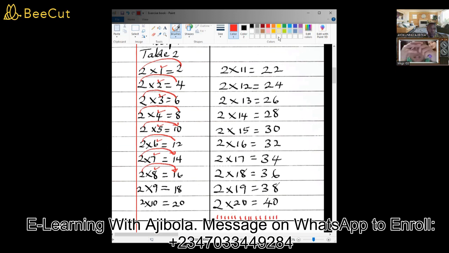Let's group them into 2s. So how many 2? 1, 2, 3, 4, 5, 6, 7, 8. So how many 2 is in 16? That's 8. Is that clear?